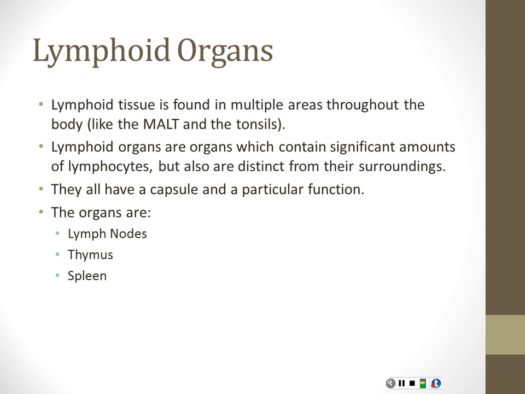And the three types of organs we have are lymph nodes. There are tons of those, hundreds in the body, but they all share a similar anatomy and a similar physiology. So there's a bunch of those. There's only one thymus up in the upper chest, and there's only one spleen. So we're going to talk about each of these in turn.